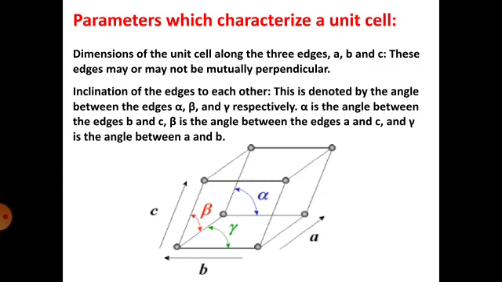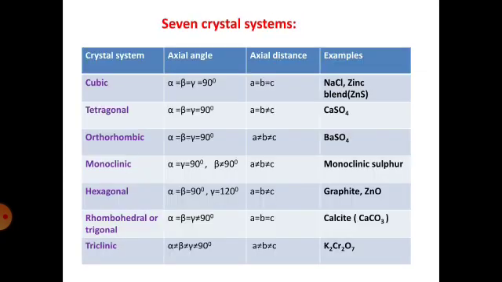This is denoted by the angles between the edges, alpha, beta and gamma respectively. Alpha is the angle between the edges b and c, beta is the angle between the edges a and c, and gamma is the angle between the edges a and b. Depending on these cell parameters, we have 7 crystal systems.